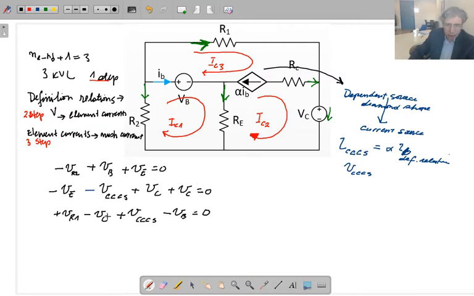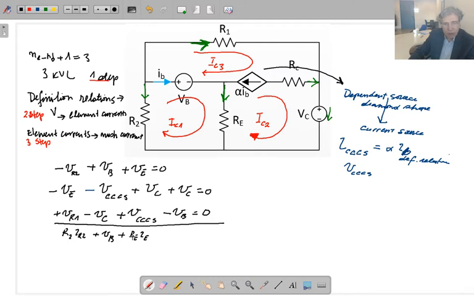So second step, maybe you can write it just underneath here. Definition relation: R2 times ER2 plus VB, stay as it is, and this is the RE element, RE times IE.